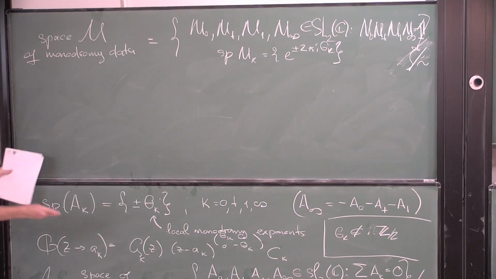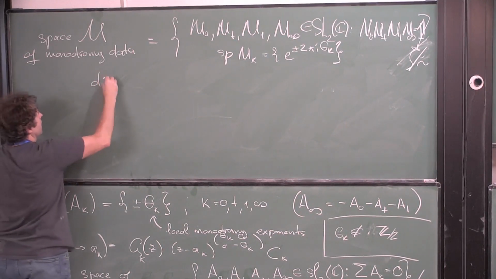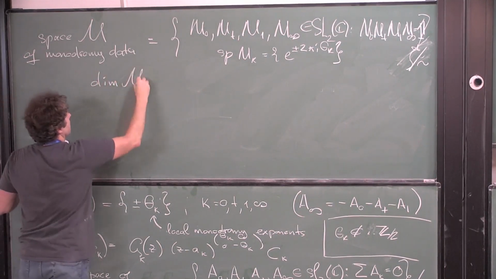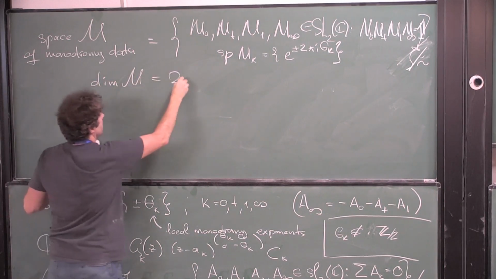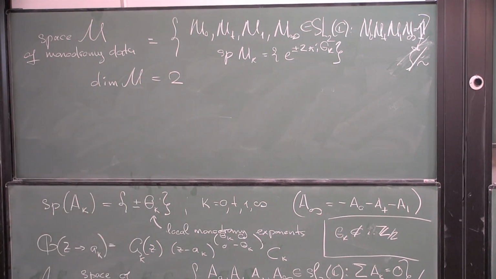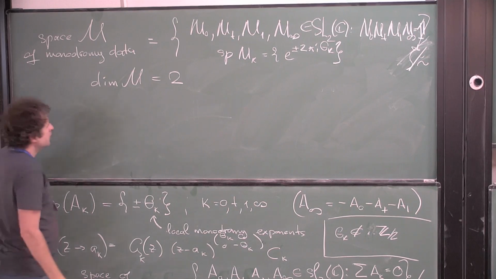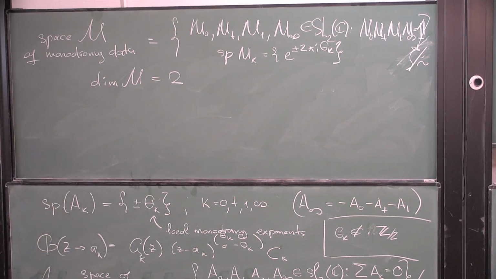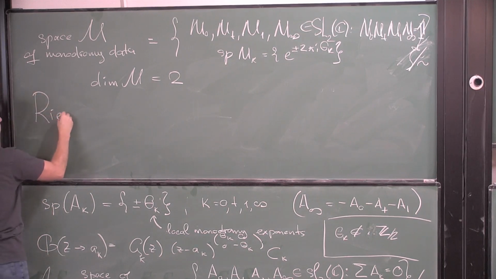Completely similarly, we can notice that the dimension of M is equal to 2. So now we can study the so-called Riemann-Hilbert map or monodromy map.